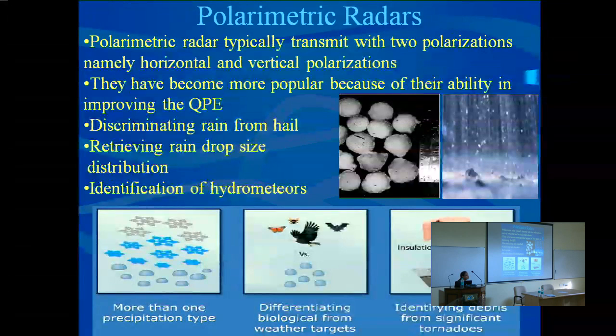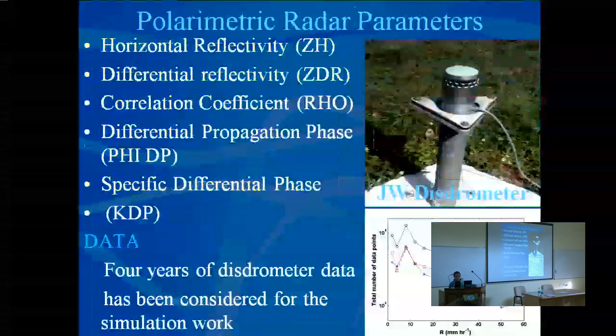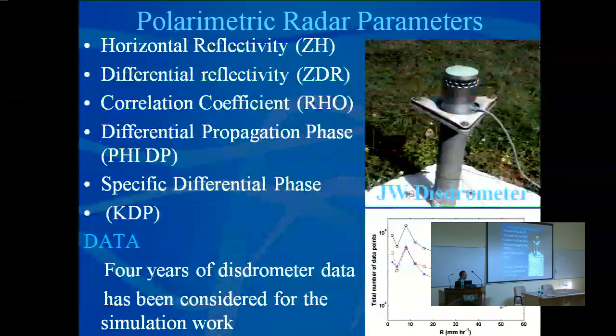And not only hydrometeors, but non-meteorological echoes like birds, insects, etc. Coming to the polarimetric radar parameters, the single polarized radar has only three parameters, as I said: reflectivity, velocity and spectral width. In addition, we have differential reflectivity, correlation coefficient, differential propagation phase, and the derived parameter, namely specific differential phase. Each parameter has its own advantages and disadvantages.